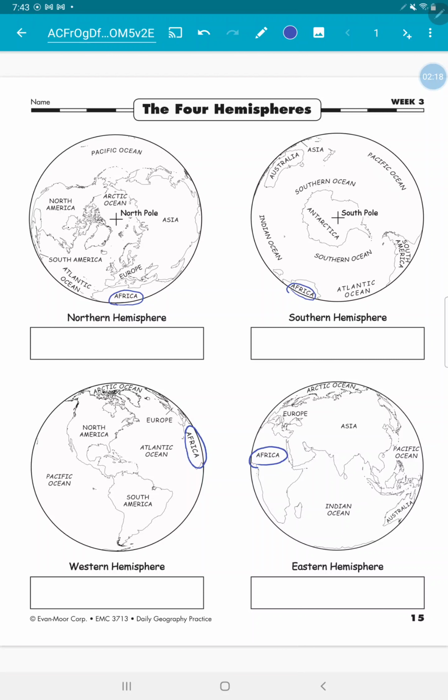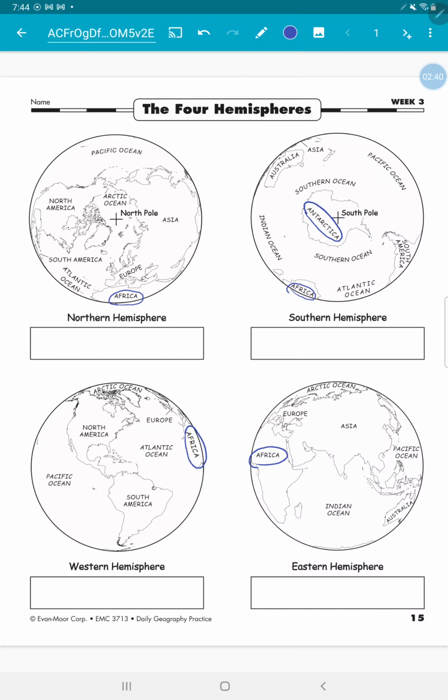Another continent is Antarctica. So here we have Antarctica, which is commonly known as the South Pole. So of course it's going to be in the southern hemisphere. Next we have Asia.